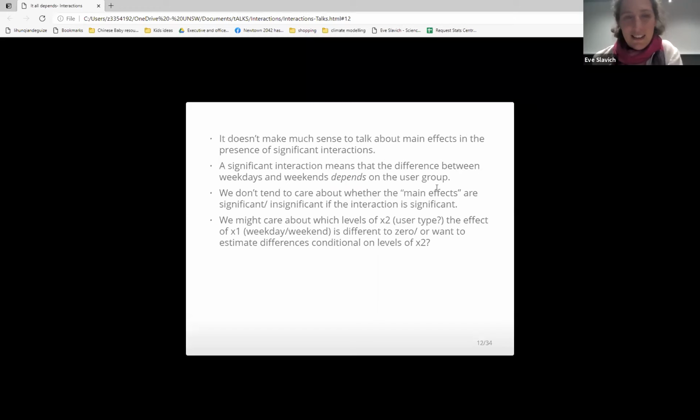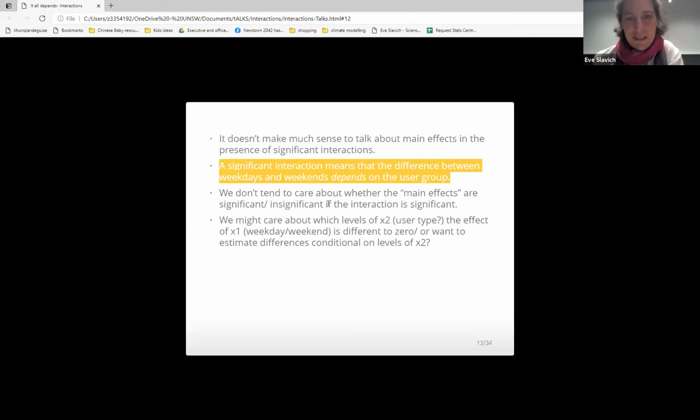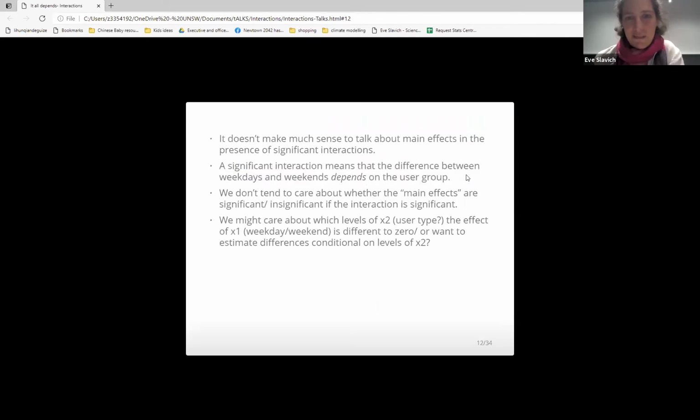I guess there are contexts where you can interpret main effects, but in general, the interaction means that the difference depends on the user group.